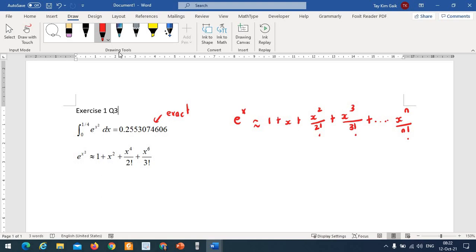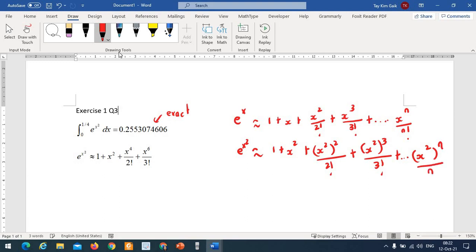So if you want exponent x squared, this is just replace x by x squared. So 1 plus x squared plus x squared squared divided by 2 factorial plus x squared cubed divided by 3 factorial up to x squared power n divided by n factorial.